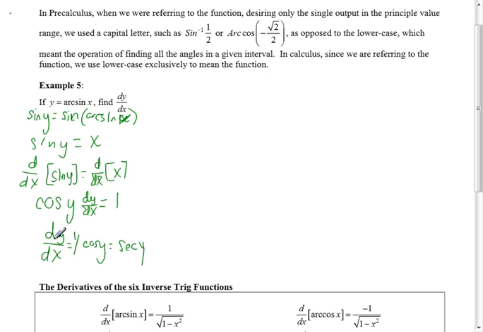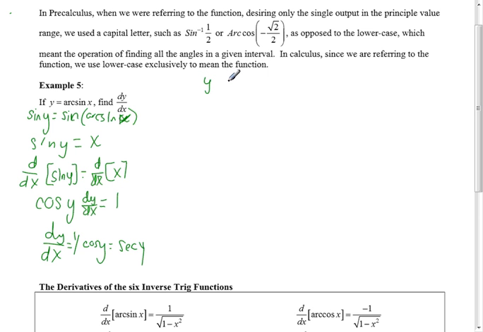We usually have it in terms of x, so we have to figure out a way to write secant of y in terms of x. This is something that we did a tiny bit last year, maybe a bit in the beginning of this year.